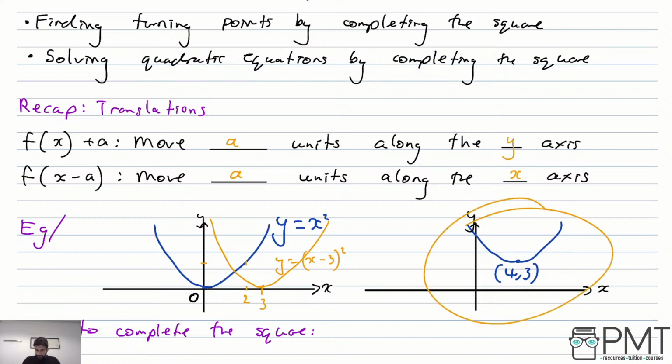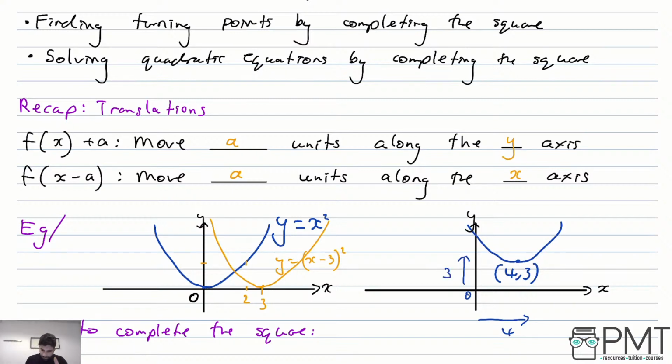What about this one? If someone can tell me what the equation of this one will be? You can see that starting from the origin, we have moved 4 units to the right along the x-axis, and we have gone 3 units up along the y-axis.